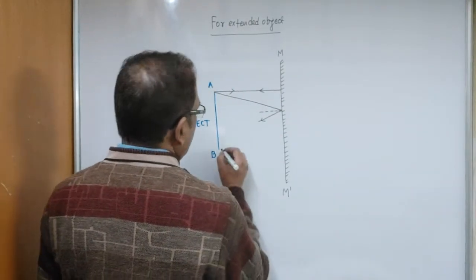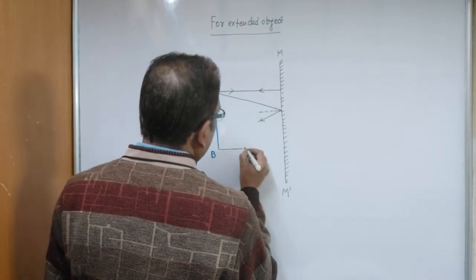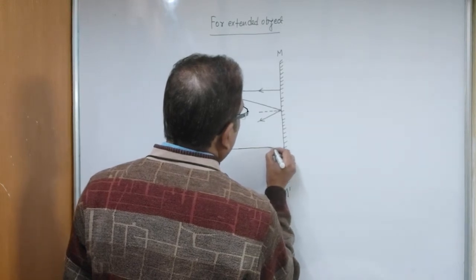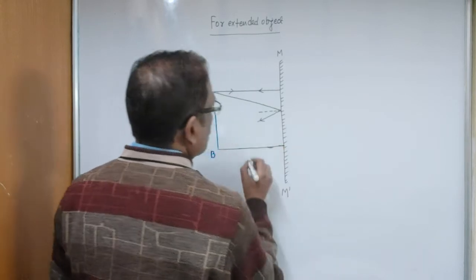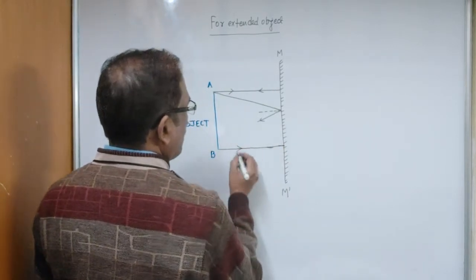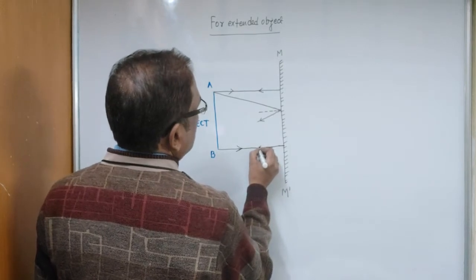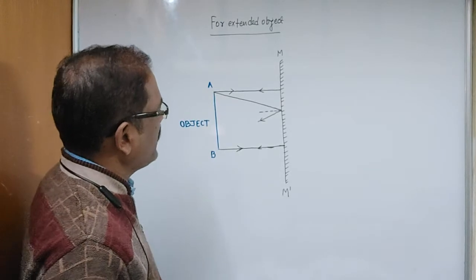Now from this end also you take a ray of light. Suppose this ray of light falls normally on the mirror surface. This ray, after striking the mirror surface, returns back along the same path in case of normal incidence.